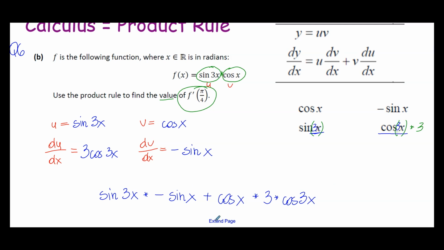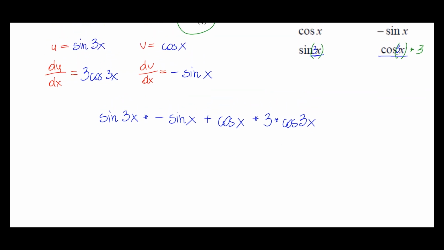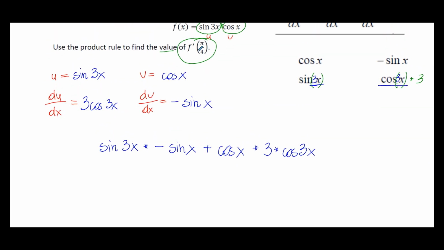Now, do I need to do anything else with that, like simplify it? Actually, no, because the question is that I need to find the value of the derivative of my f of x function when x is equal to pi over 4. So even without working, all I have to do is replace that x with pi over 4.